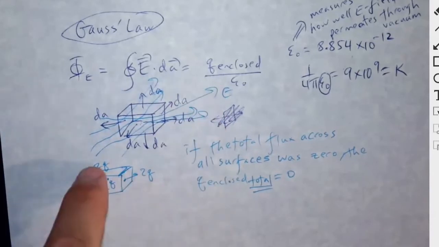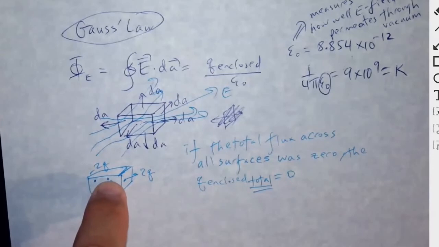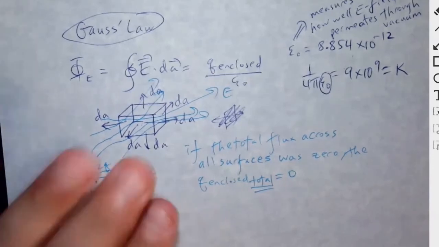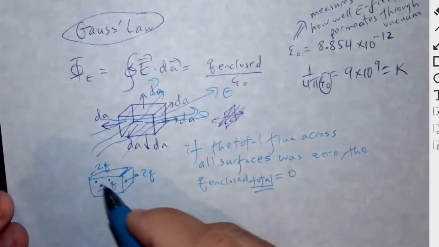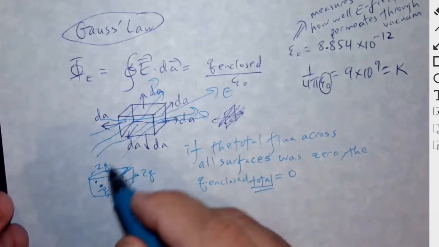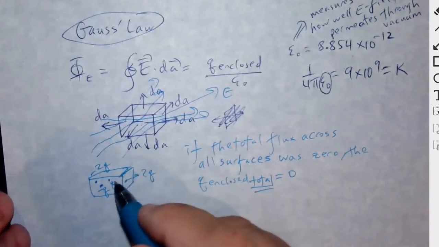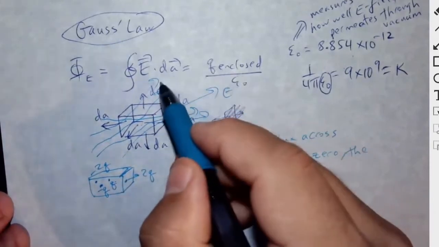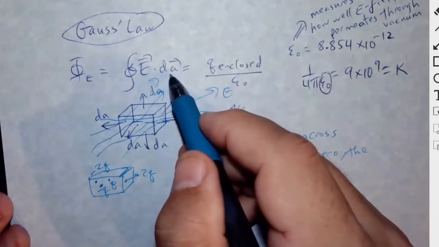The 2Q will cancel the negative. This negative will cancel that Q, you see. So it's not telling you there's no charges at all, but it's just telling you that the net charge of all combined charges is zero inside that box if the total flux through all the surfaces is zero, you see.